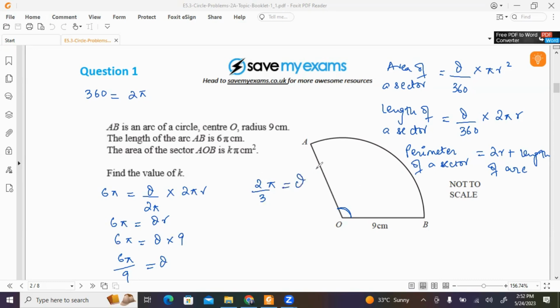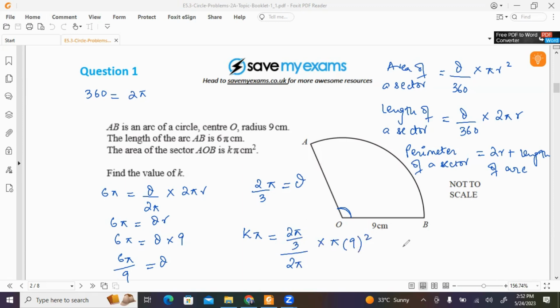Now we try to find the value of k. For the value of k, I'm going to use the area. So k pi equals 2 pi by 3 over 2 pi times pi r squared.